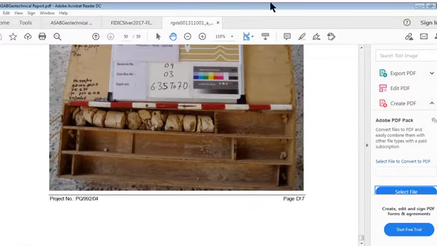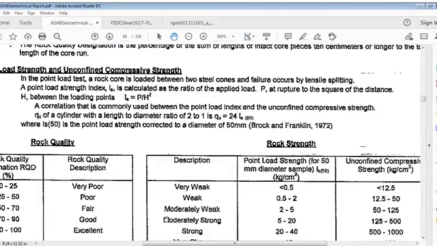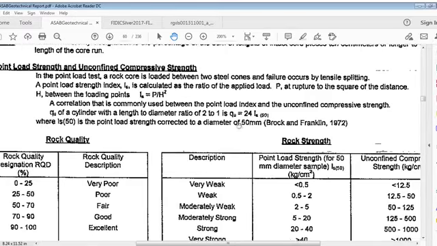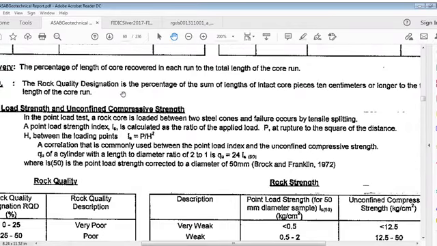So based on these photographs, we could learn something. I think you get my point, and now we're back to our reporting system. Now we're talking about rock quality designation, the percentage of sum of lengths or depth.